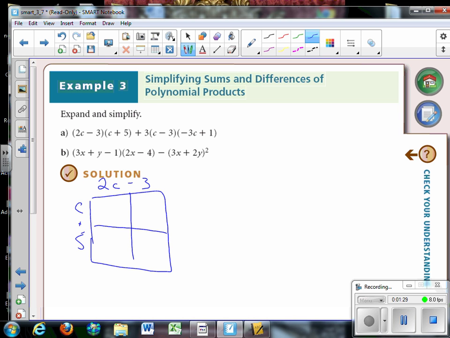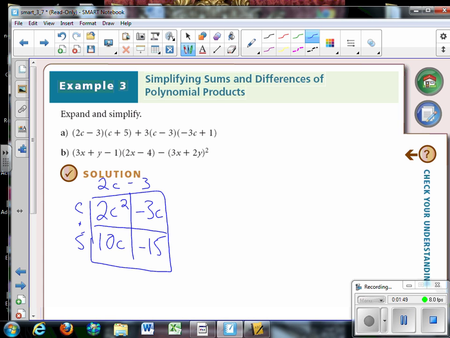So 2c times c is 2c squared. You have your minus 3 times c is a minus 3c. You have your 5 times 2c is a 10c. And you have your 5 times a negative 3, which is a negative 15.